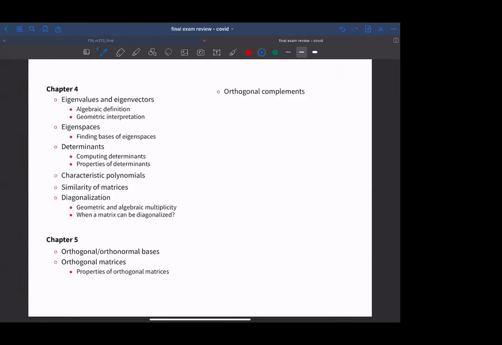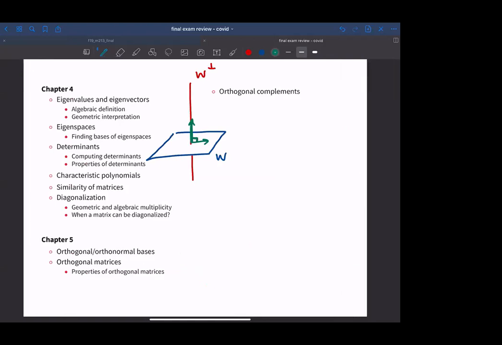We talked about orthogonal complements. So remember, that was this picture here. You've got some plane W, and W perp in this case would just be a line. So any vector inside of W is orthogonal to any vector inside of W perp. That's what makes them orthogonal to each other.